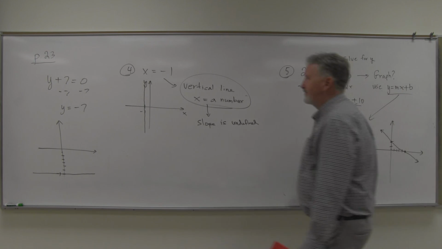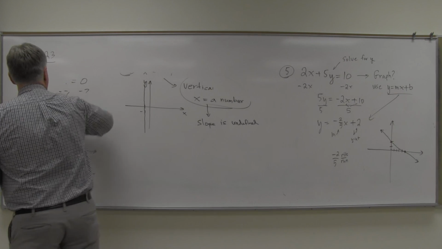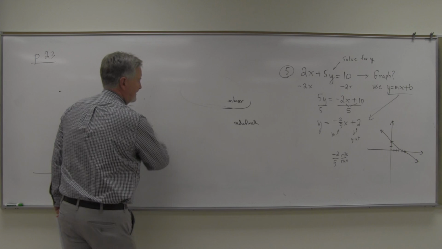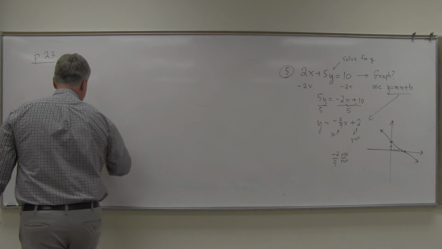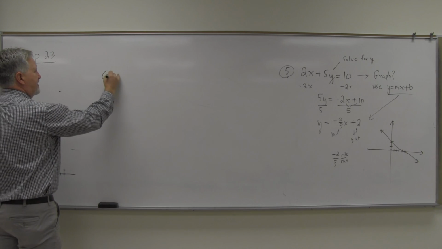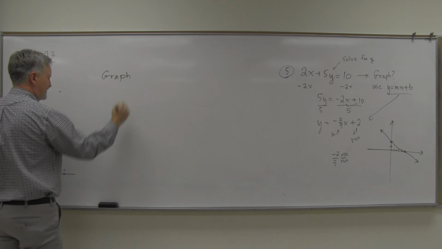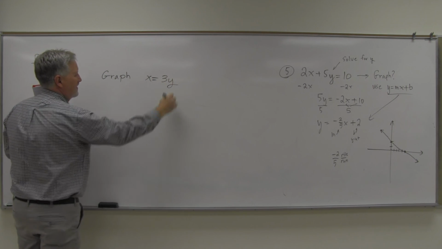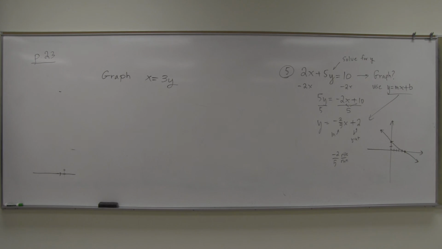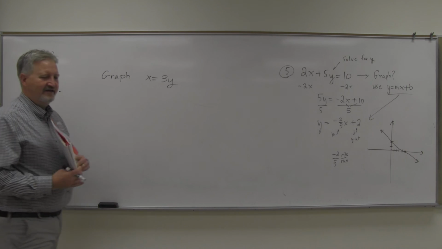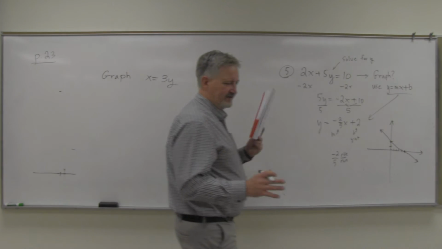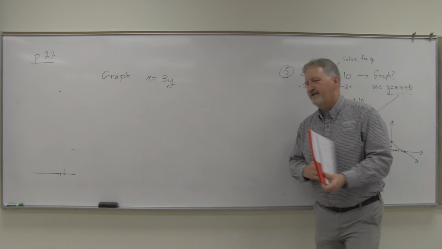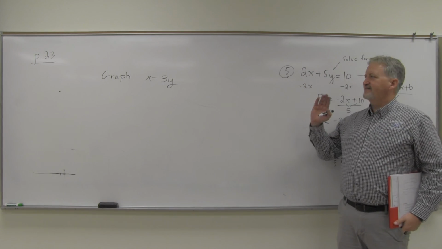Just enough time for one more. Let's talk about this one. There is one of these on the assignment too. X equals 3y. Okay, so we're missing the b obviously, but y here is the slope, not 3.